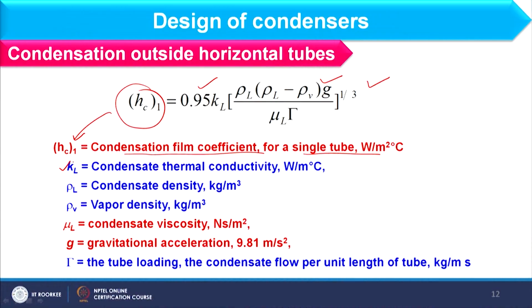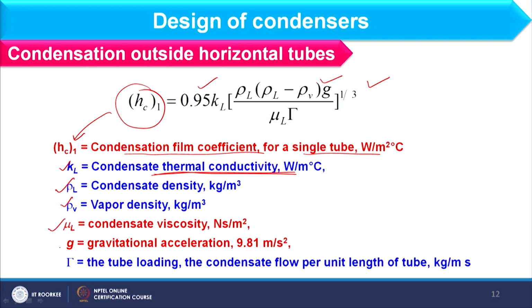It is not considering the complete bundle, but only a single tube which is available at the top. I am repeating that again and again, so that you should understand it properly. So, as far as other parameters are concerned, we have kL, that is basically the condensate thermal conductivity, rho L and rho V, that is the density of condensate as well as vapor.